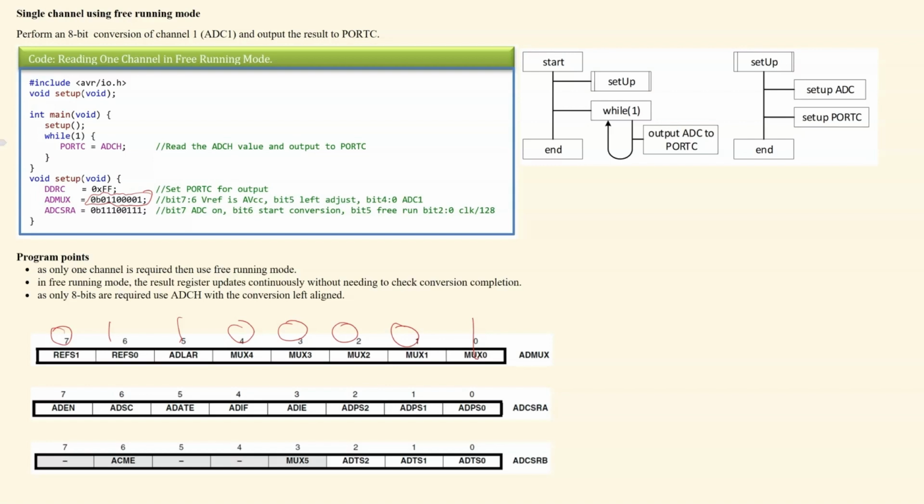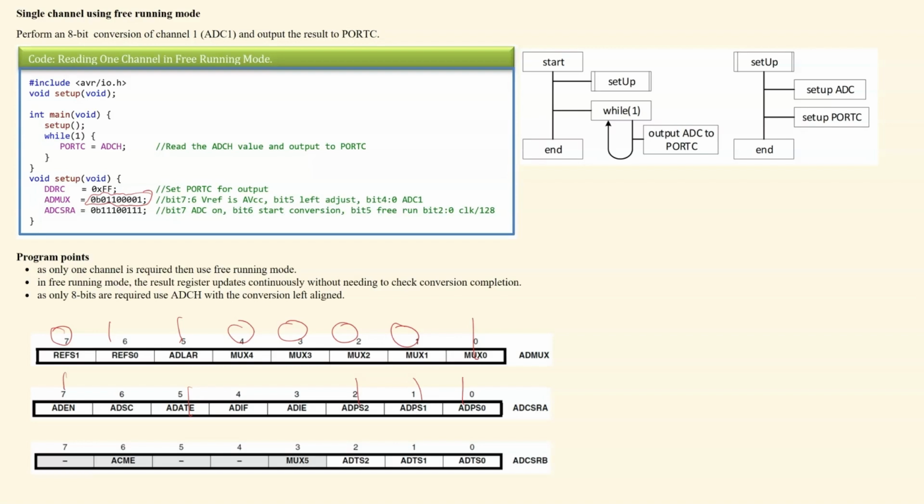So looking at the ADCSRA register, this one will be a 1 to turn the power on. We're going to set this to slow mode, so 1, 1, 1. And we need to set this one here to be free running, auto select.